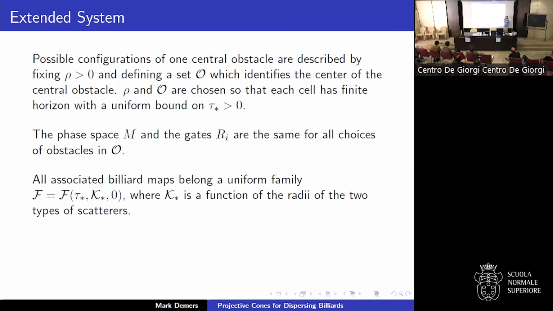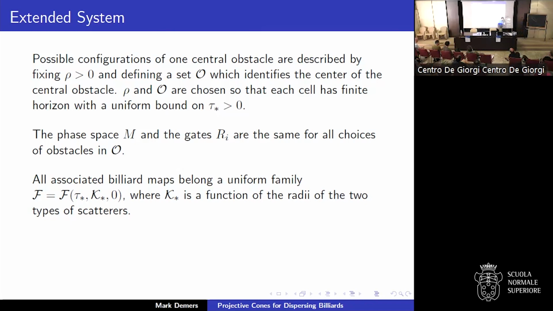But in this setup, the nice thing about Lenchi's model here is that the phase space and the gates are the same for any choice of O, because moving around that central scatterer doesn't affect the location of the gates, right? The gates are disjoint from the central scatterer. By the gate, I mean the transition from one cell to the next. And so the associated billiard maps all belong to a uniform family, since in this model, they're all disks.